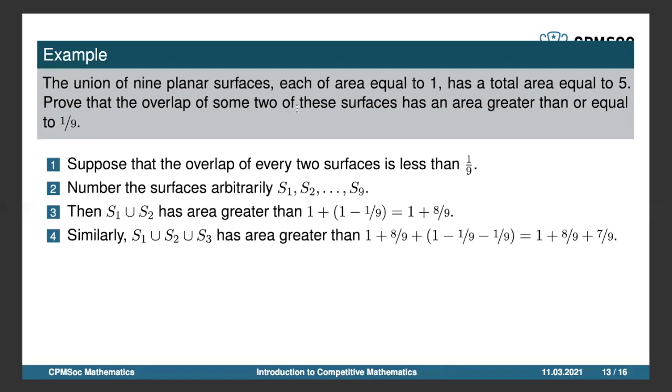So the amount of new area added when you add S3 will be greater than 1 - 1/9 - 1/9. If you do the calculations, you get that the total area is more than 1 + 8/9 + 7/9. So the area must be at least 1 + 8/9 + 7/9 when you consider the first three shapes combined.